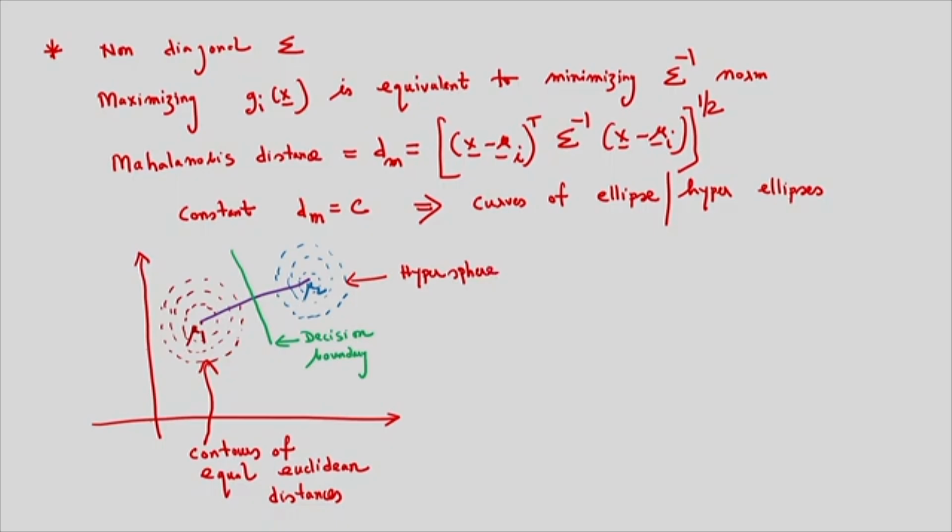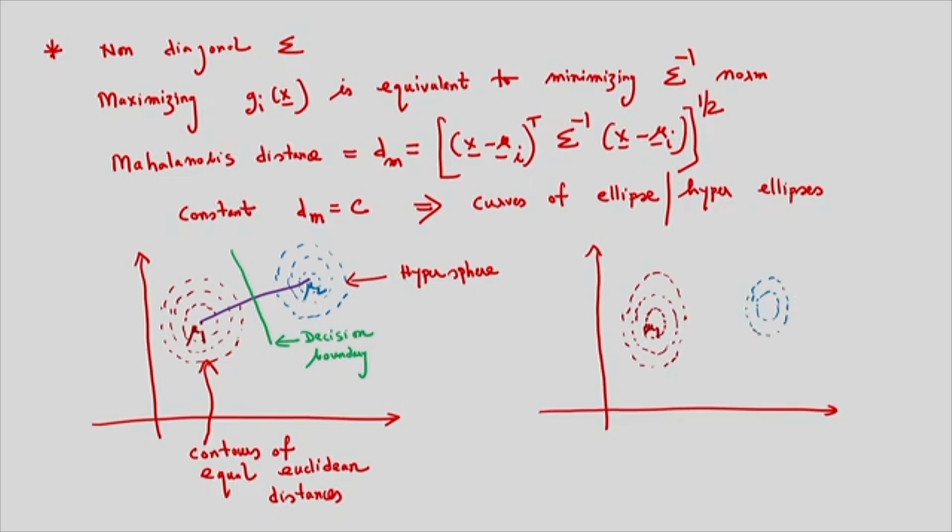Similarly, if I consider the Mahalanobis distance. So suppose this is one class and we are considering some contours, and this is suppose mu 1, and another class we are considering, so this is my mu 2.